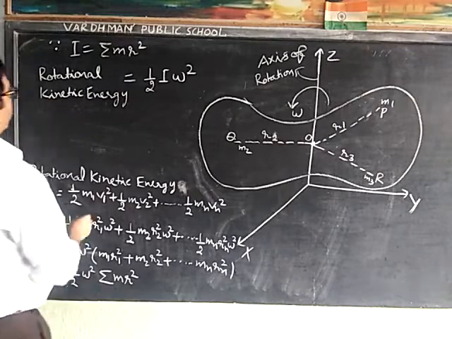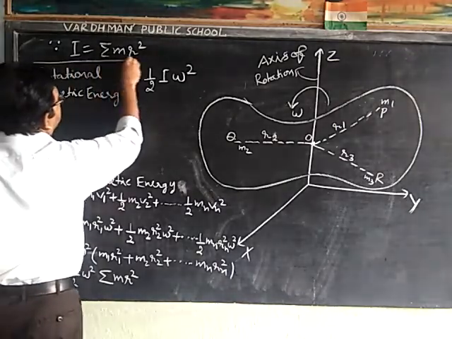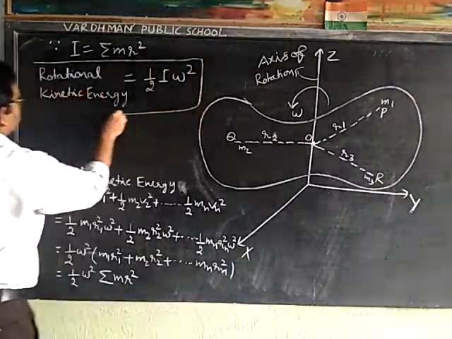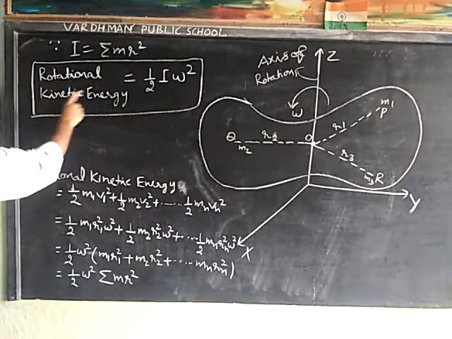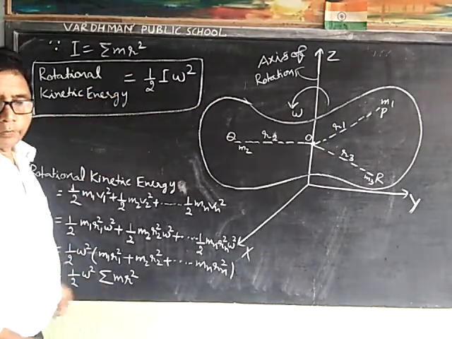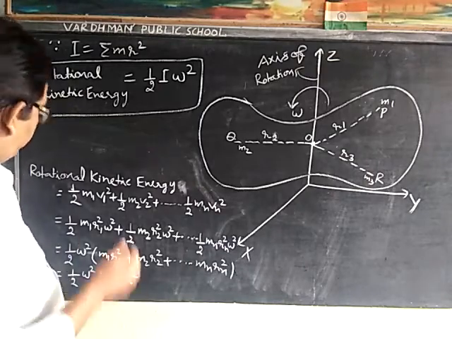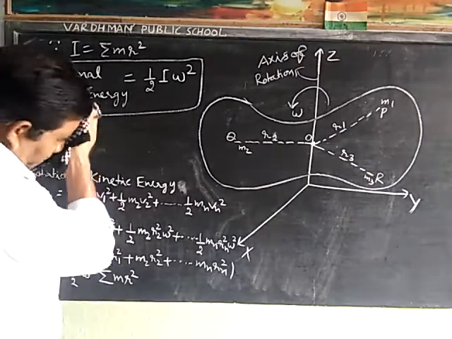This is the formula of the rotational kinetic energy, half I omega square.